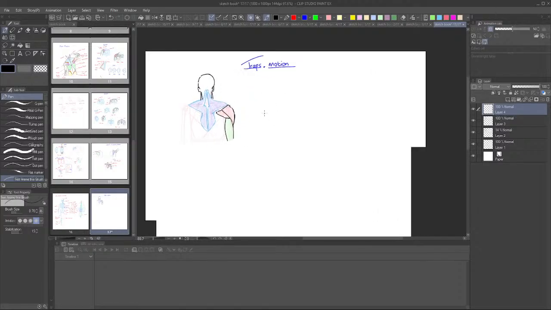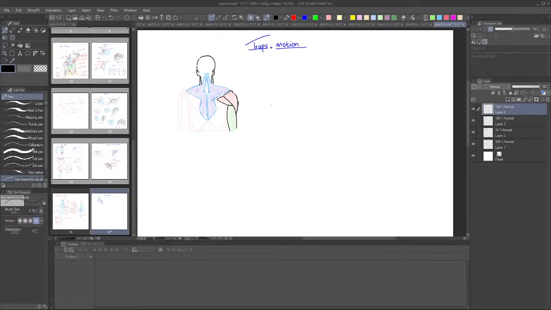So I don't think we have enough time to draw the poses, and I don't want to rush with these traps, so probably we're going to do it tomorrow, because I need to show you what really happens when you move the arms around. I think it's important for animators, when you move the arms, what happens to the shoulder blades.